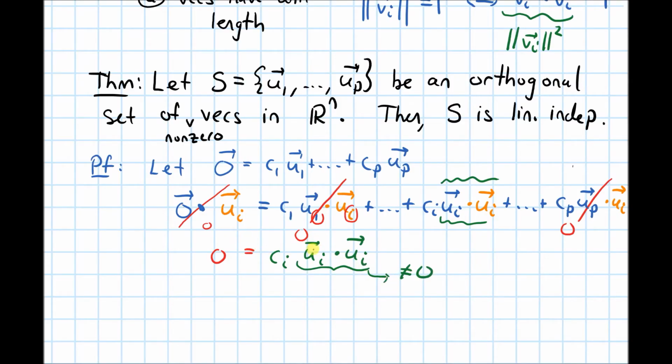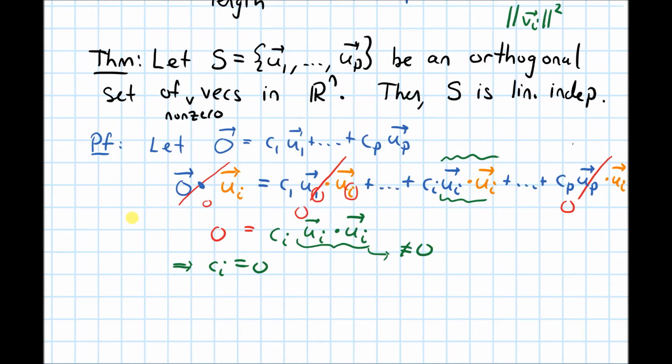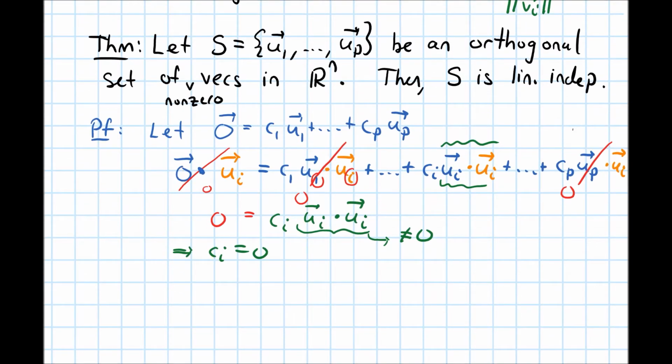So for the right-hand side to be equal to 0, the only way for this to happen is if ci equals 0. So we've shown that ci equals 0. So similarly, if we had started off by dotting with a different u term, like dotting with u1 or dotting with u2, we could show that all the other ci's are 0.